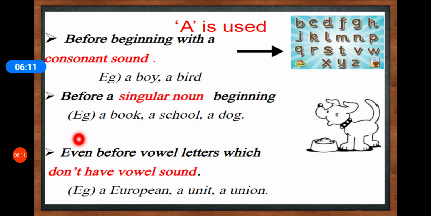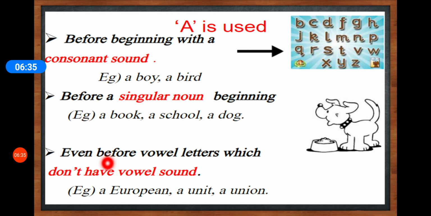Another rule, very important. A is also used even before vowel letters which don't have a vowel sound. What does that mean? The letter is vowel, but it does not have a vowel sound.